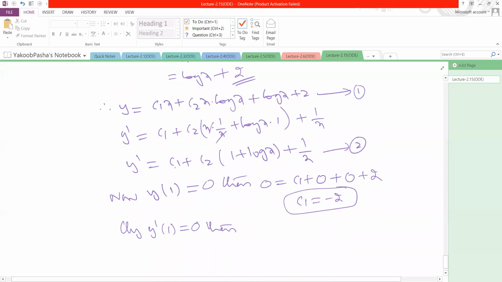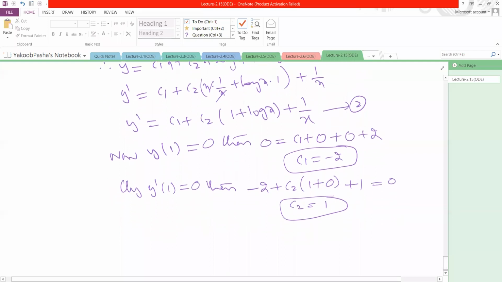Already we know that c1 is equal to minus 2. Substitute minus 2 plus c2 of (1 plus log 1), log 1 is 0, plus 1 by x, x is 1, so it is 1, is equal to 0. That means c2 is equal to 1. Minus 2 plus 1 is minus 1, goes to outside, we get 1.